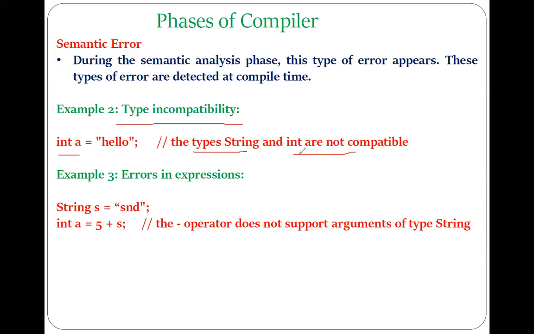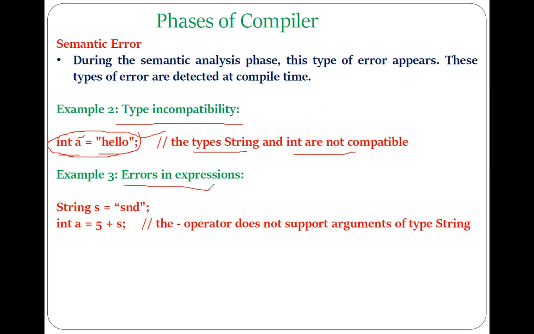If you want to assign a value to this variable a, then it should be an integer value only, not a string. If you want to declare this hello, then you should utilize the data type char, like this. So this is an example of type incompatibility. This kind of thing is also detected as a semantic error by the semantic analyzer.